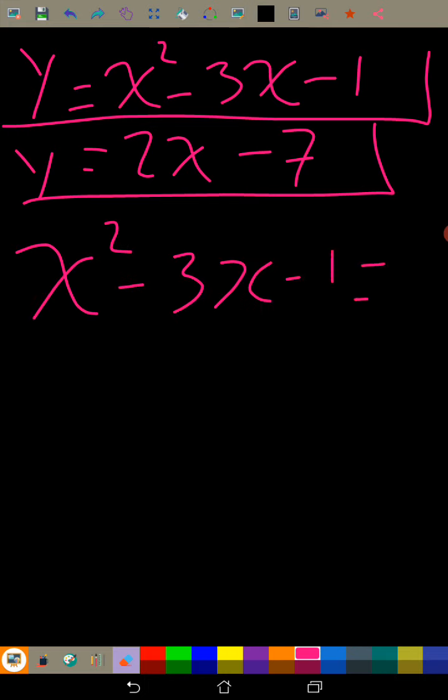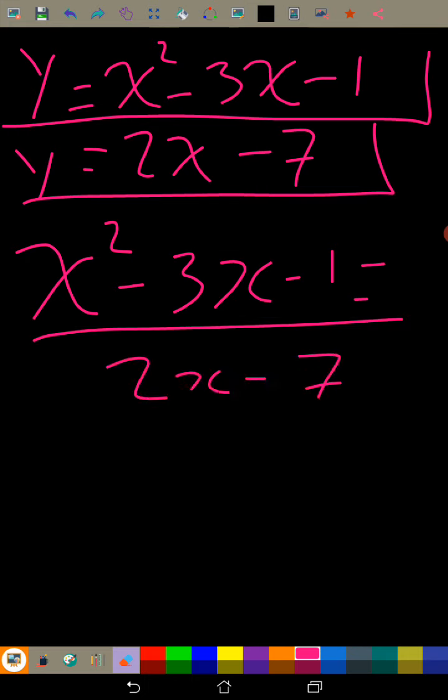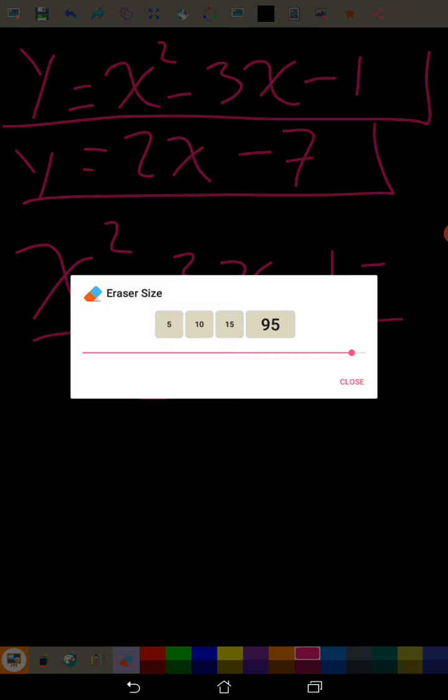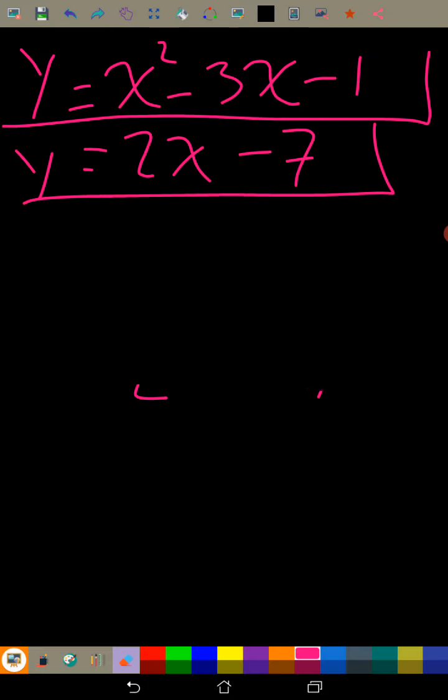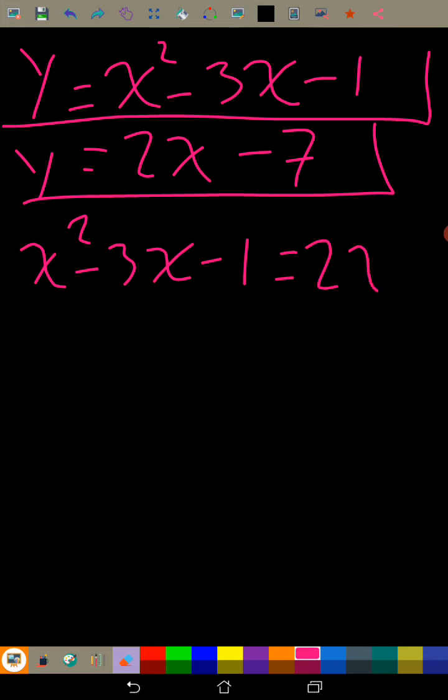We know that this is equal to this. So I will write a little bit smaller so that I can fit everything in the screen. So let me write it like that. X squared minus 3x plus 1 is equal to 2x minus 7. So now we see that it's like that.